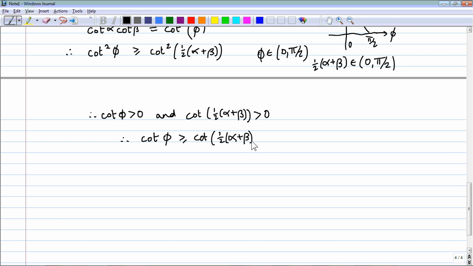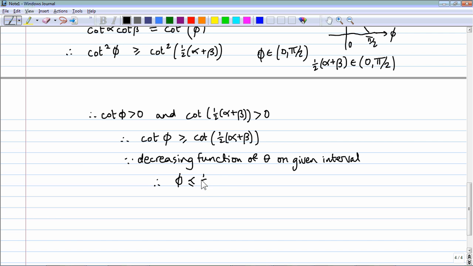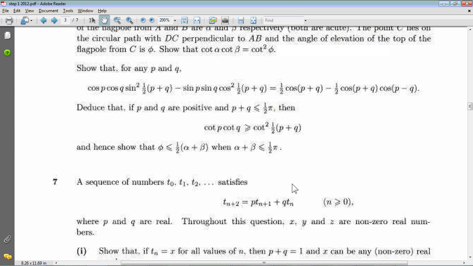And because it's a decreasing function of theta, we can just flip the inequality sign, because a bigger theta means a smaller function value. And that is what was to be shown. Just double check that. Yes.